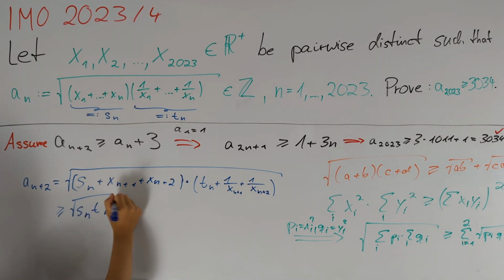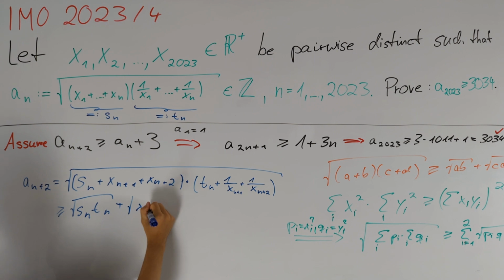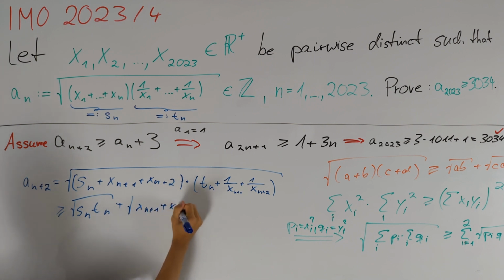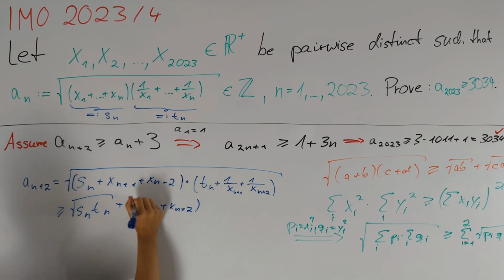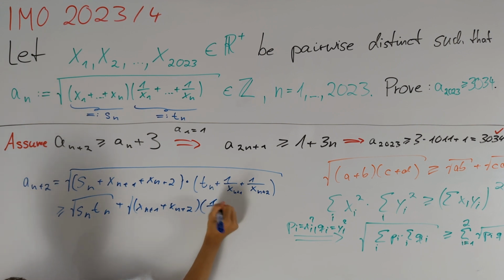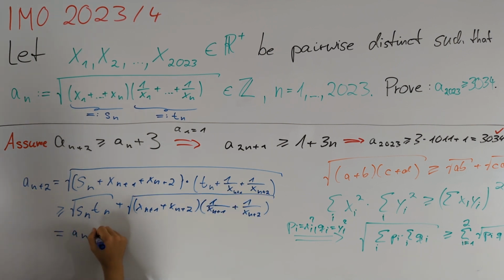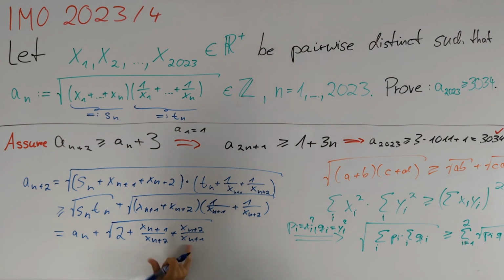Therefore, we obtain that a_(n+2) is greater than or equal to the square root of S_n T_n plus the square root of (x_(n+1) plus x_(n+2)) times (1 divided by x_(n+1) plus 1 divided by x_(n+2)). This equals a_n plus the square root of 2 plus x_(n+1) divided by x_(n+2) plus its inverse. Since we have a sum of inverses here, we can bound it from below by 2 using the AM-GM inequality.